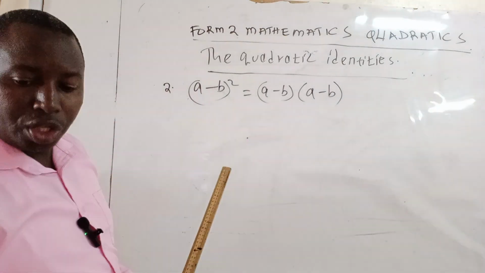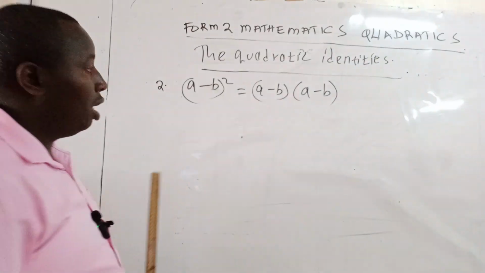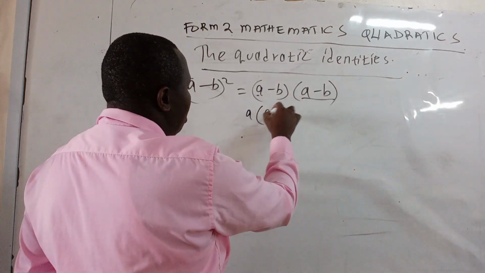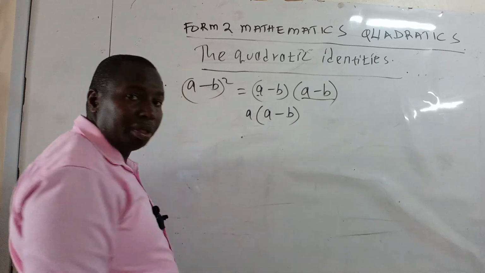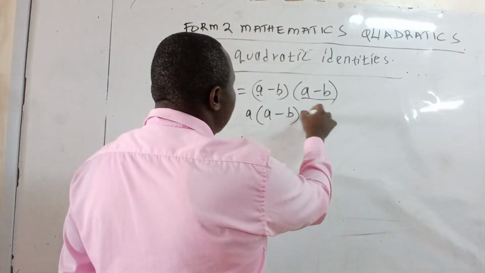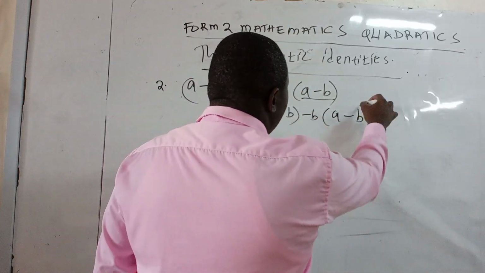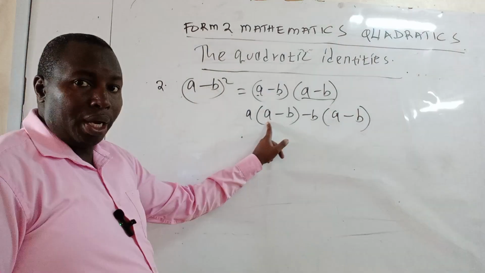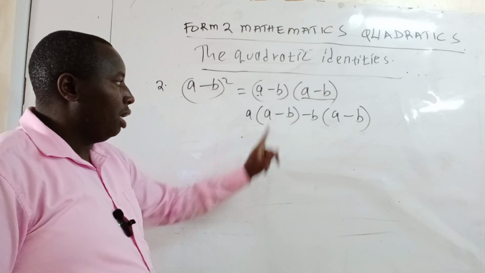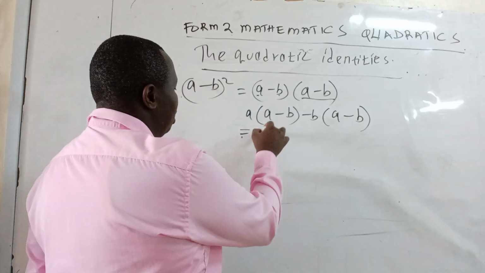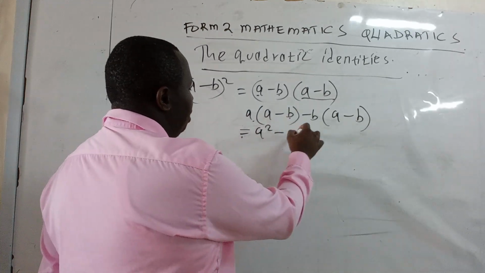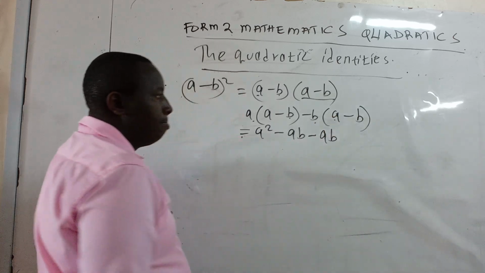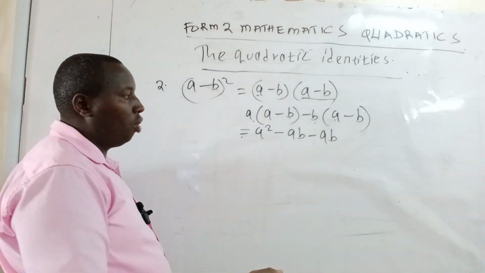So what do you do in this case? Take this a, open (a - b). Take this minus b, open (a - b). So a times a, that's a squared. A times minus b, minus ab. Minus b times a, minus ab, using alphabetical order.